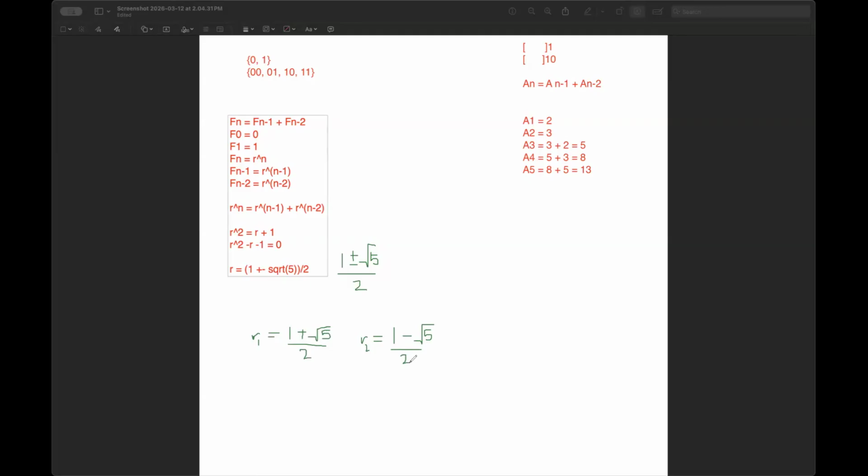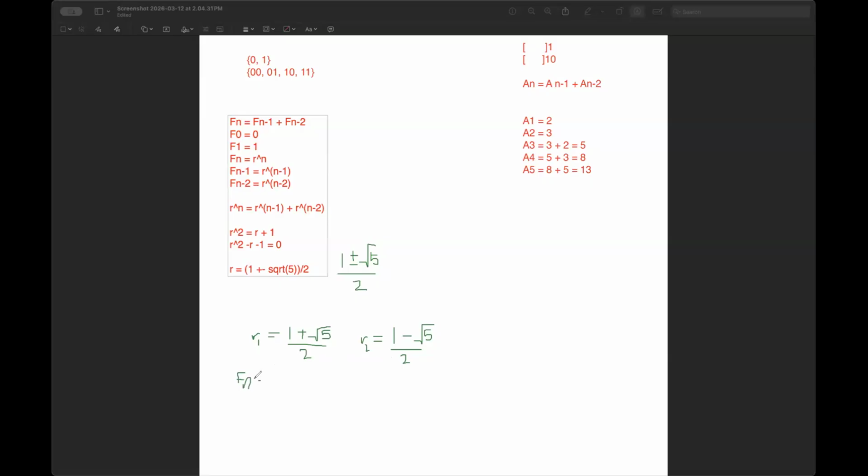Now, if we look back at our original equation, we have the generalized formula that we normally use, right? So let me just write that down first, because we're going to be referring to it.